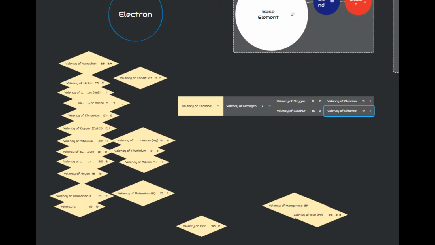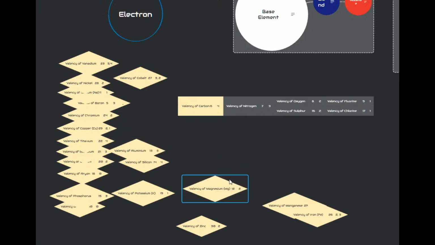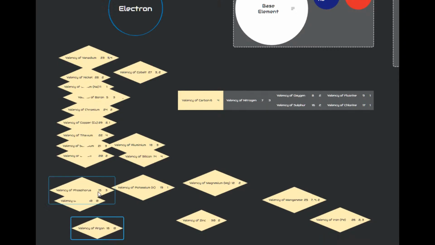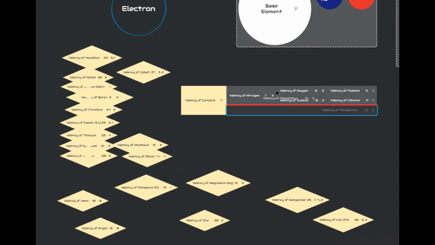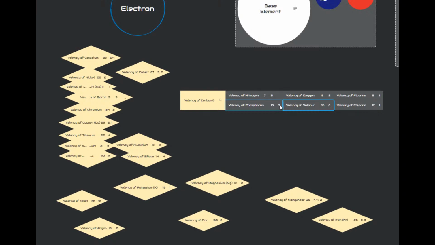What is underneath this? Phosphorus. Okay. That's inert, that's phosphorus. What's underneath carbon?